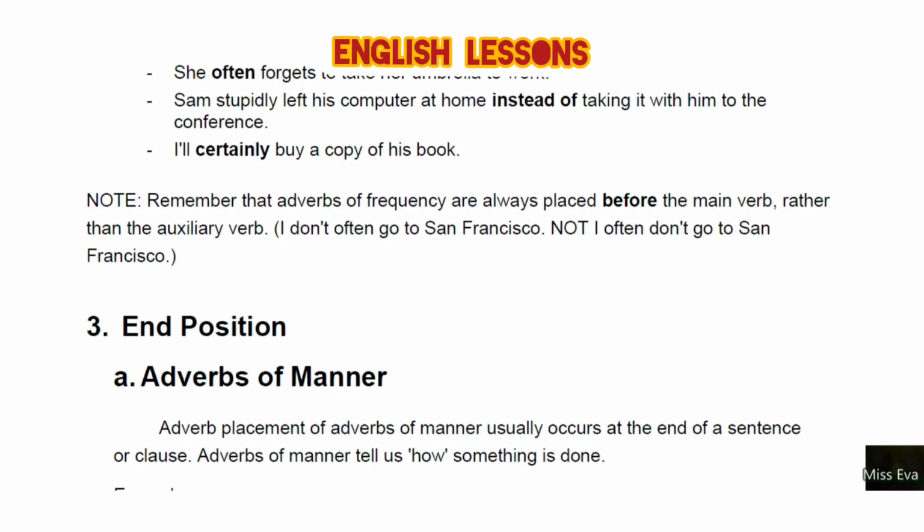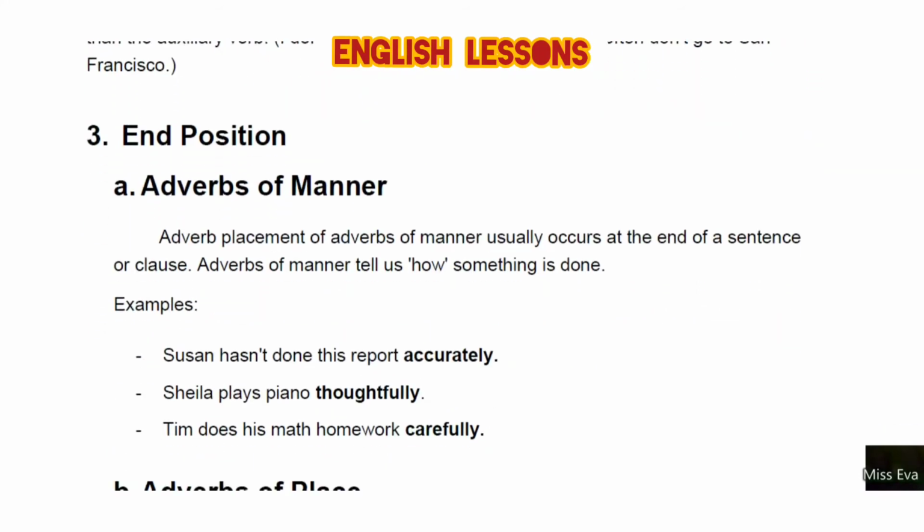Okay? And then next, let's go to the last position, the end position. End position is the last position of adverb placement. Adverb placement is usually at the end of the sentence or phrase.